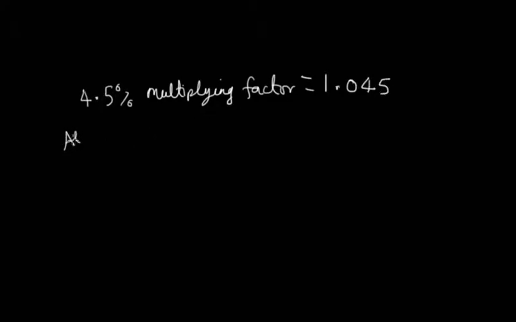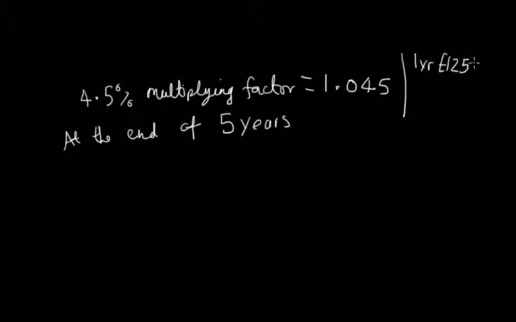So previously we found that after the end of 1 year the amount goes up by £54. So that £54 would be added to our original amount. So instead of having £1,200 in the bank, after 1 year we'd have 1,254.